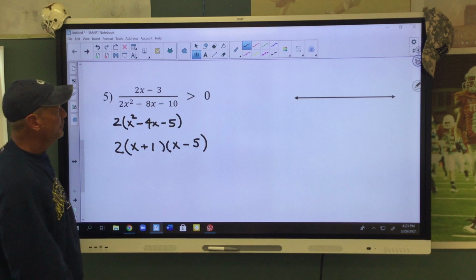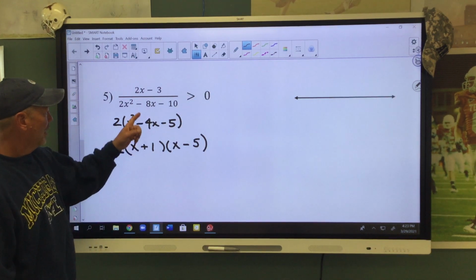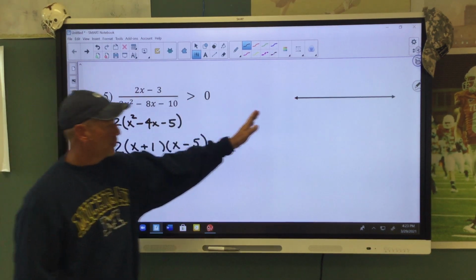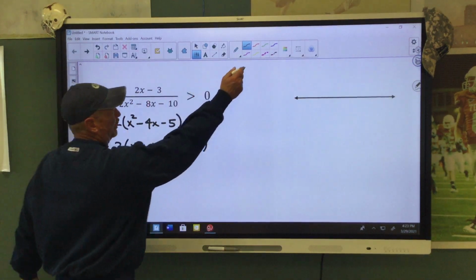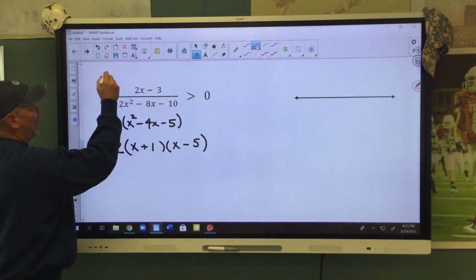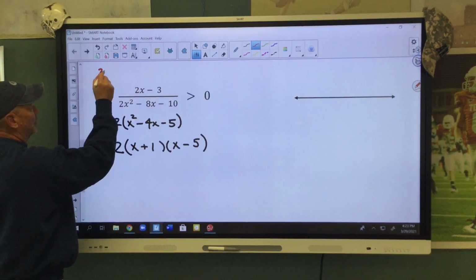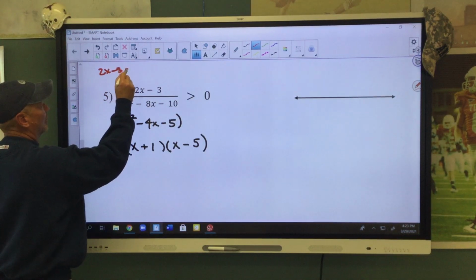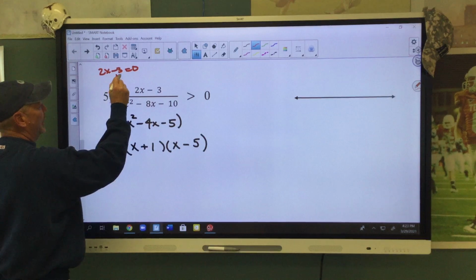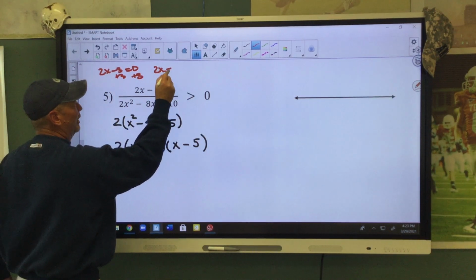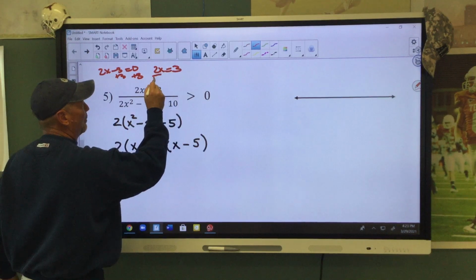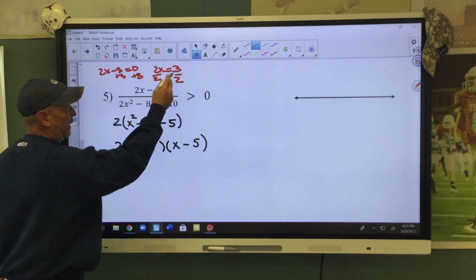Okay? So now, we're going to figure out what numbers we are going to put on our number line. We will put the 2x minus 3 equal to 0. We will move the 3. I will get 2x equals 3. I will divide by 2, and I get 3 over 2.